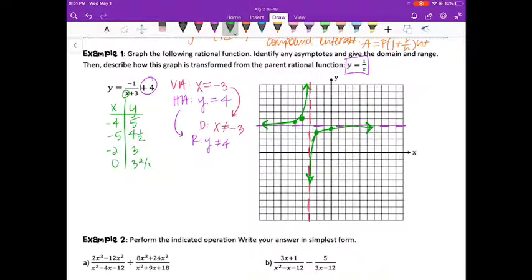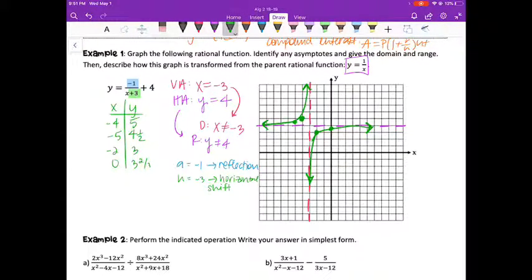Now, in terms of how our graph is transformed, consider your A, H, and K values. Our A value is that negative 1. So since A equals negative 1, that tells us that our graph experiences a reflection. Since we have this H value of negative 3, remember it's always the opposite sign, that tells us we have a horizontal shift or translation.